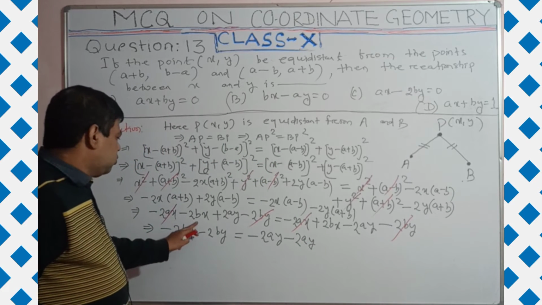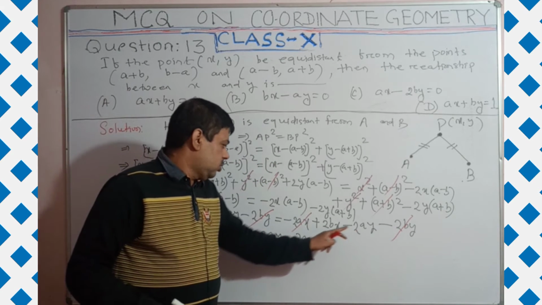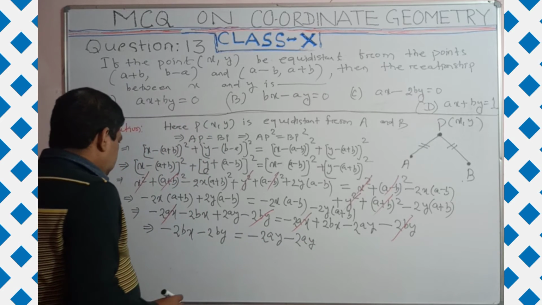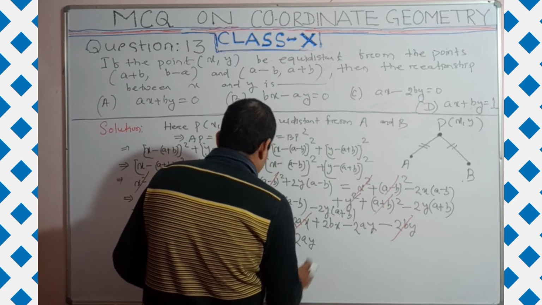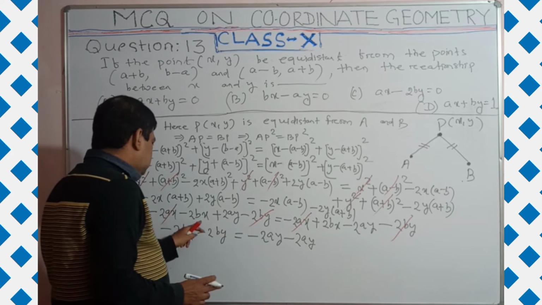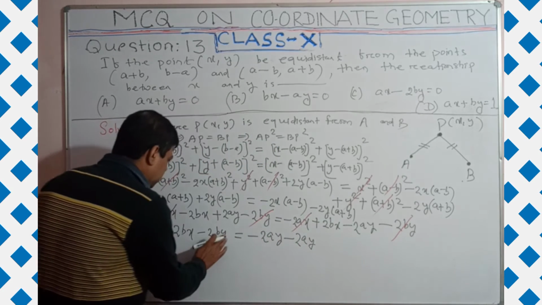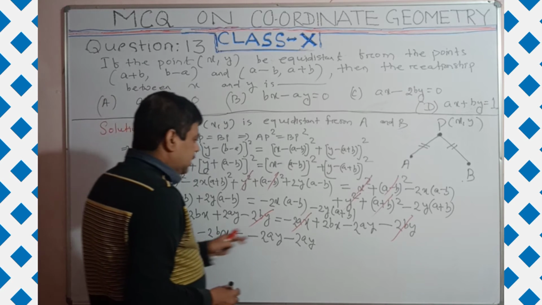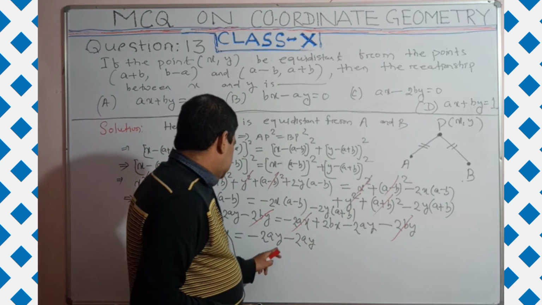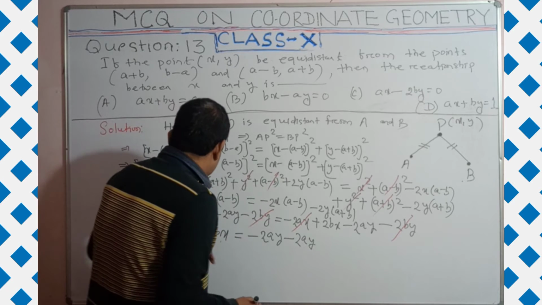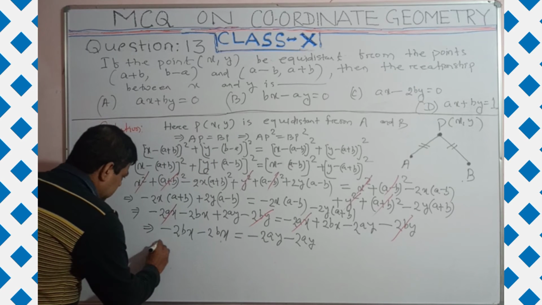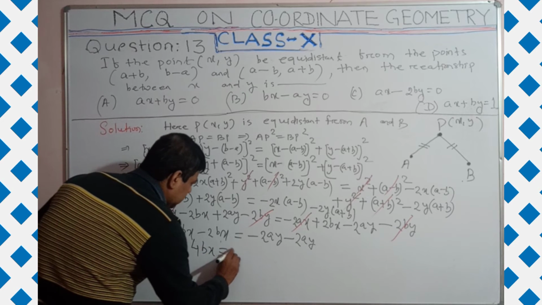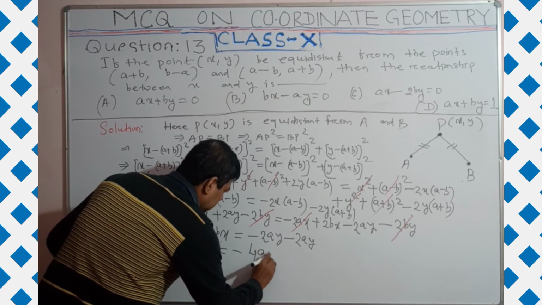Here you see minus 2bx, here is plus 2bx. This plus 2bx will be minus 2bx. Okay, understand? And here minus 2ay, this plus 2ay goes to the right side, it will be minus 2ay. So it will be minus 4bx and this is minus 4ay.